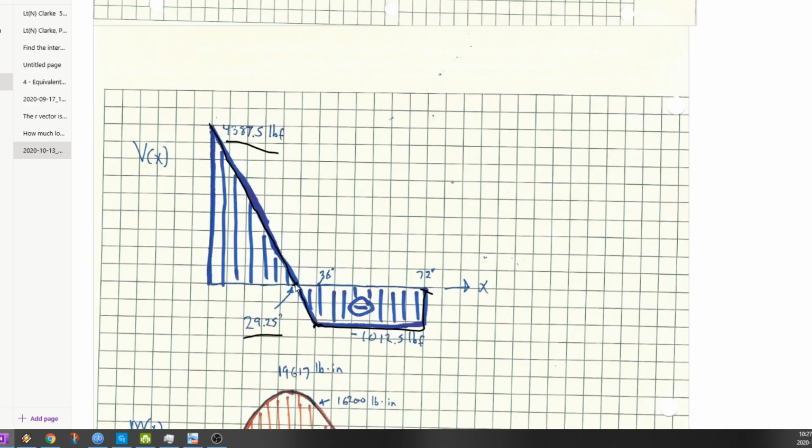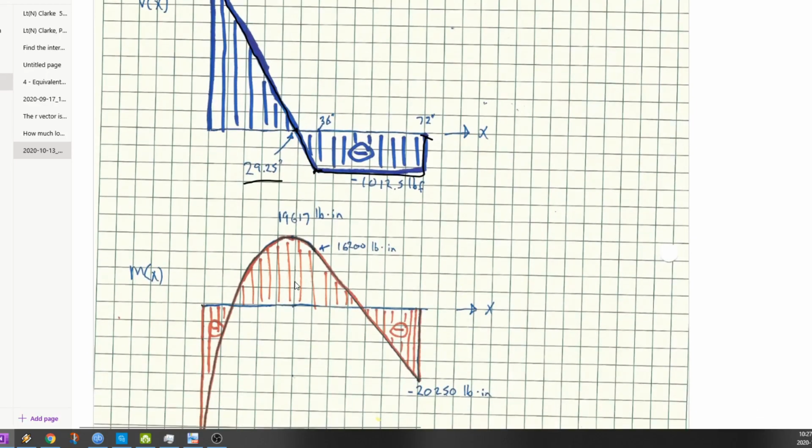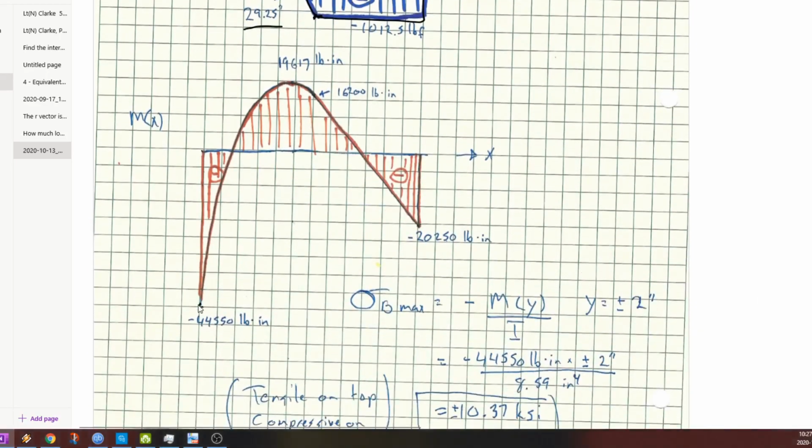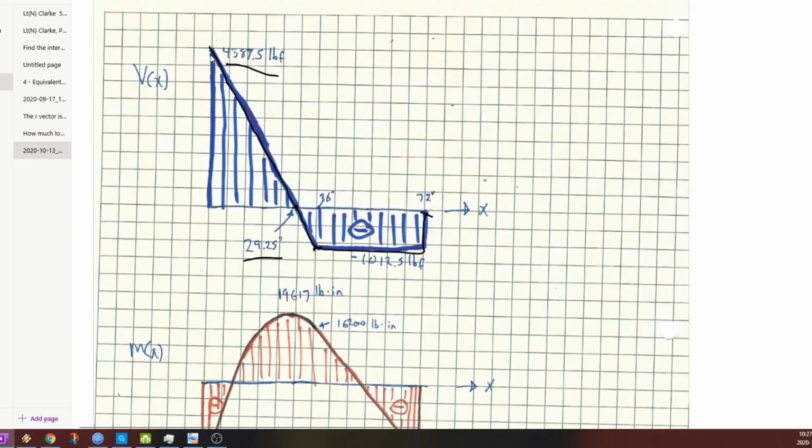So the magnitude of that increase is going to be equal to the area under this curve. So 4387.5 pounds times 29.25 inches divided by 2 gives us the increase. So 4387.5 times 29.25 divided by 2.